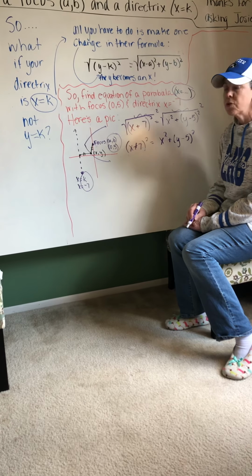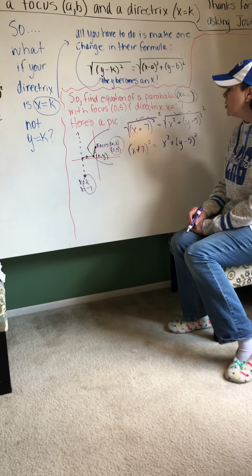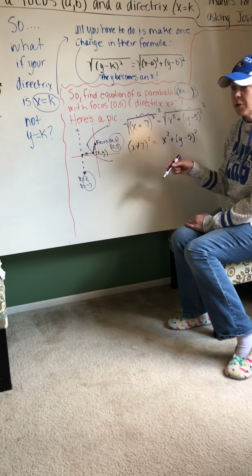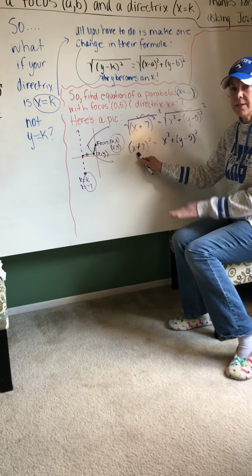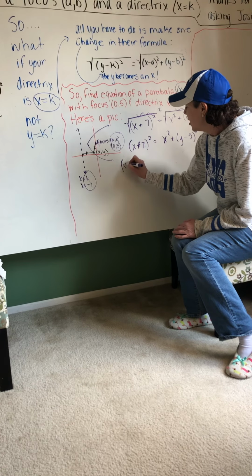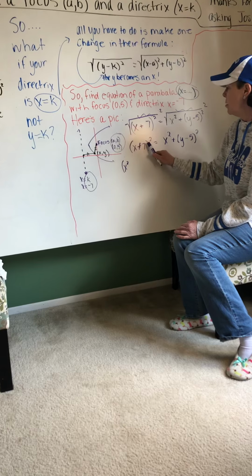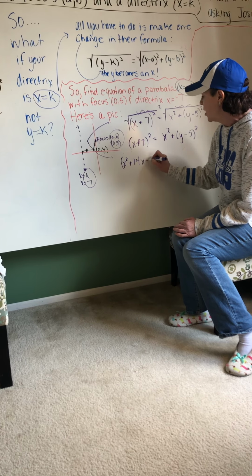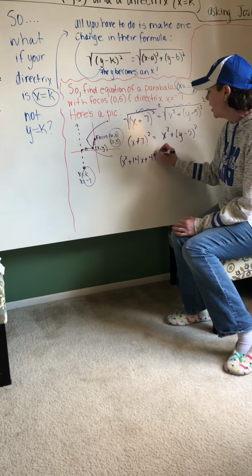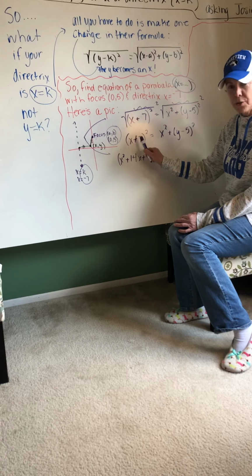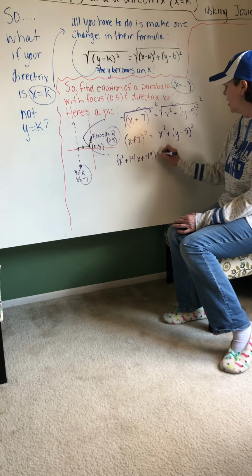I'm actually going to square x plus 7. So you remember, this is not x squared plus 49. You have to multiply out x plus 7 times x plus 7. When I do that, I will get x squared plus 14x plus 49.